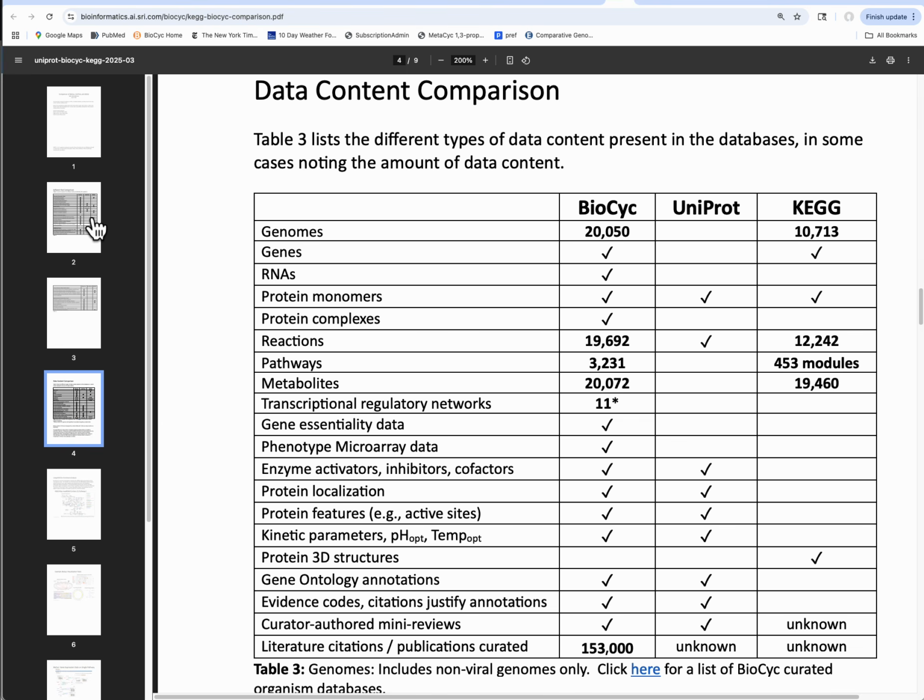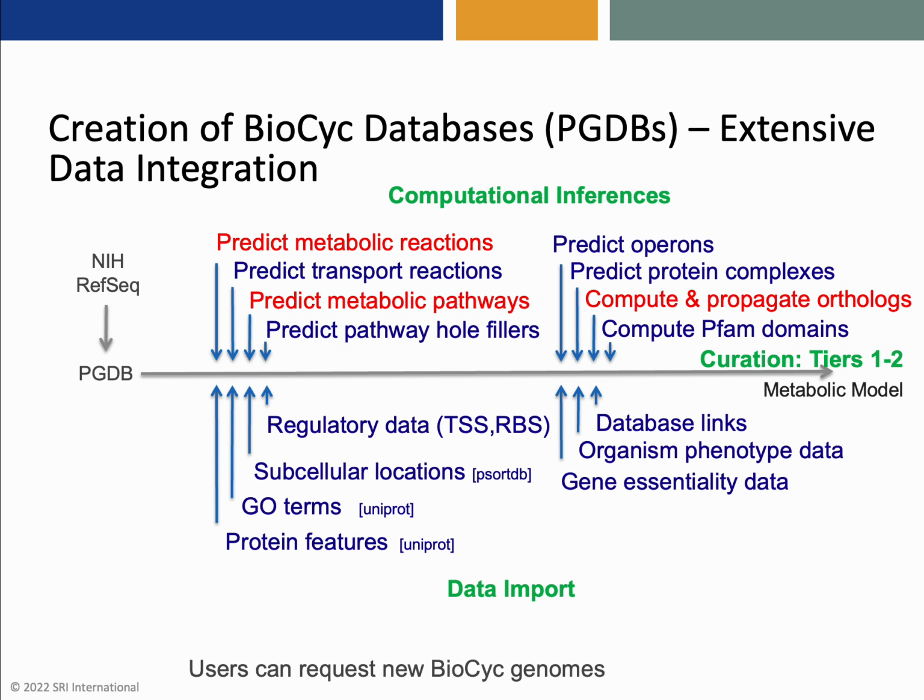All right. Let's now look at, actually, I'm going to go back for a minute to this slide, which provides a bit more detail on the information that BioCyc integrates when we build a new pathway genome database. As mentioned, we obtain the annotated genome from RefSeq and convert it to our pathway genome database format.